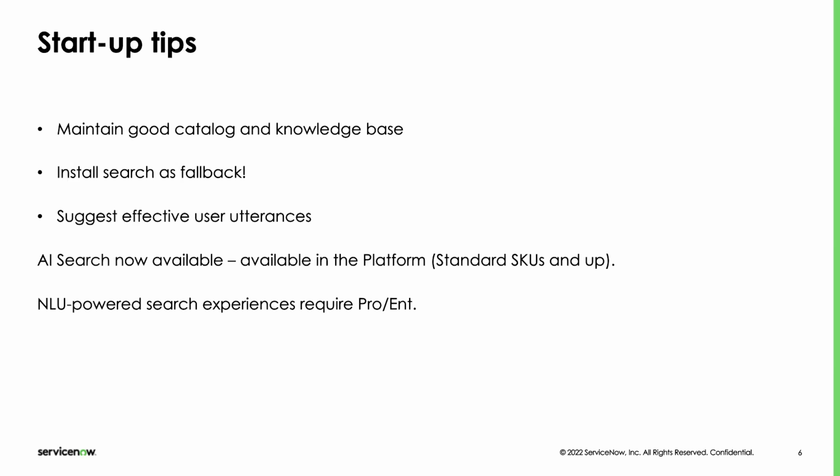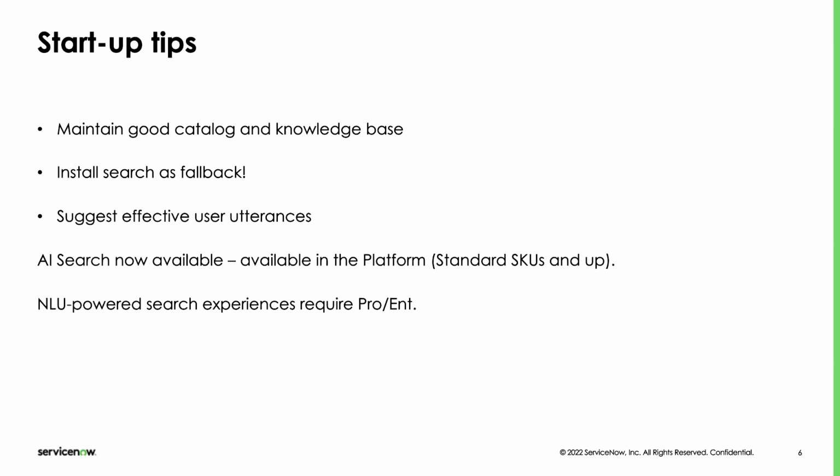When a user types something, they usually run into a fallback or run into a search experience if the virtual agent can't find something. But you could probably try to avoid that in the first place by suggesting effective user utterances. I know sometimes users may type things that are too short or too long, and as a result, our NLU engine or your keyword search might not pick up on anything useful, so they are sent to a search fallback.